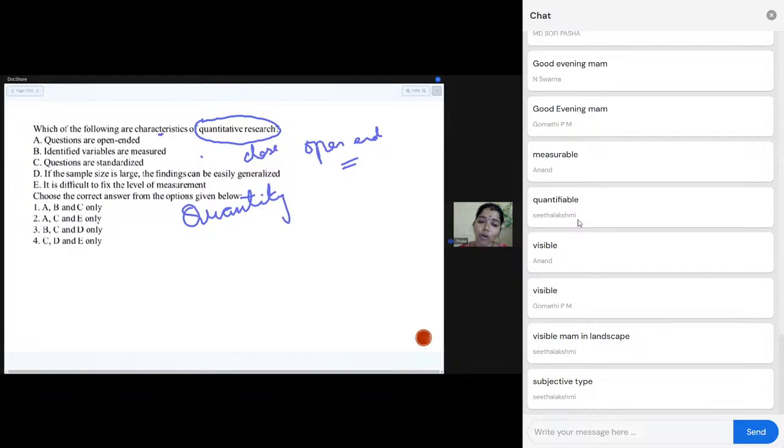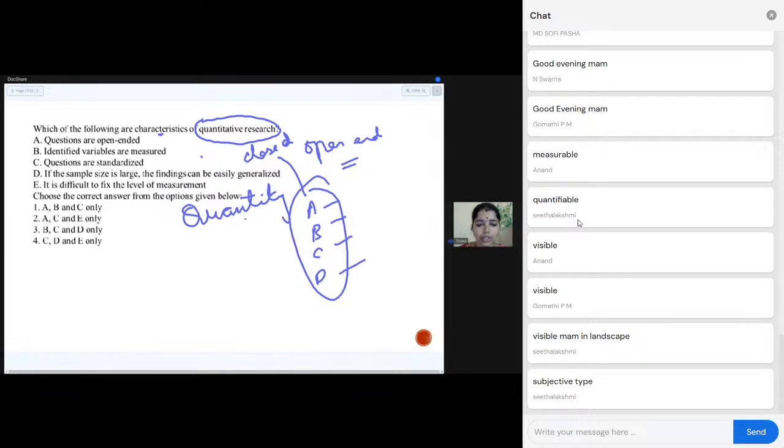When I say closed-ended, what does it mean? You have to select A, B, C or D. Any one option you have to select. You should not go beyond that. Either red color, blue color, yellow color, white color, any one color you have to select. That is closed-ended. So in quantitative research, we cannot go for open-ended. I can go only for closed-ended answers.